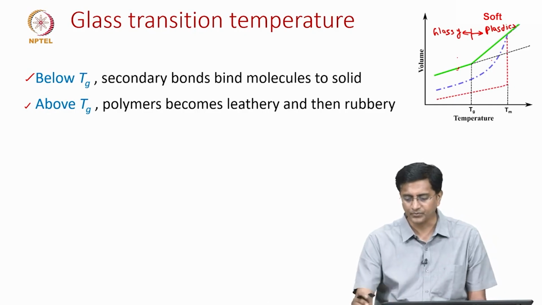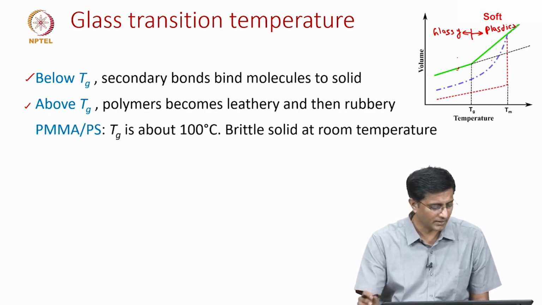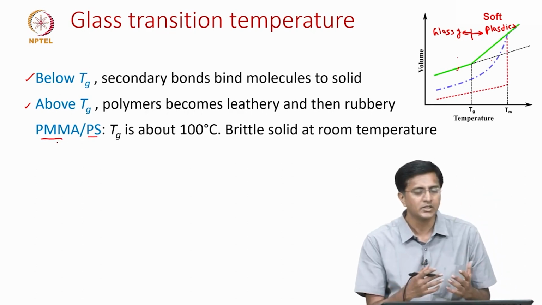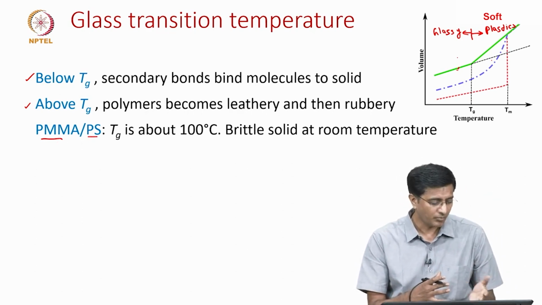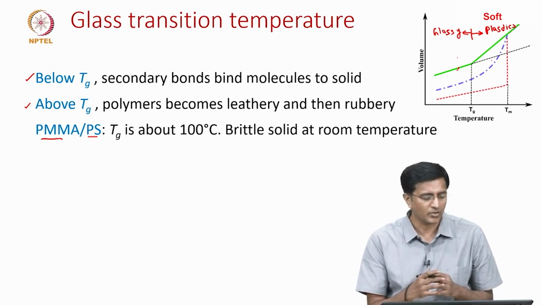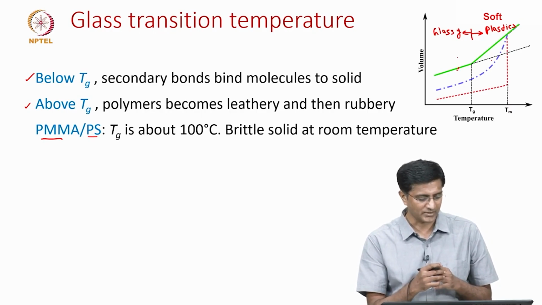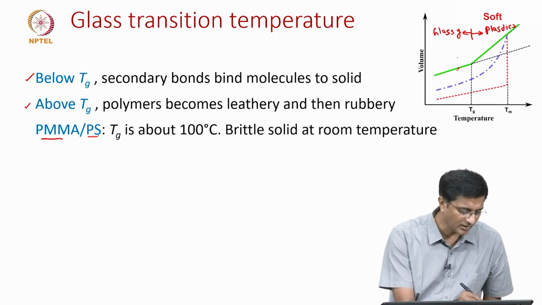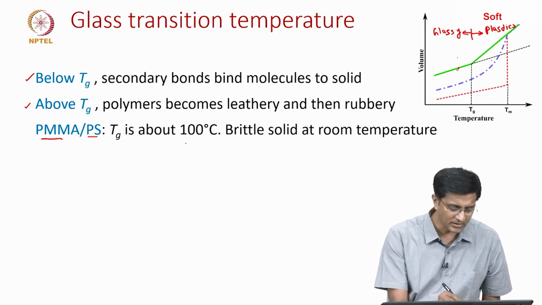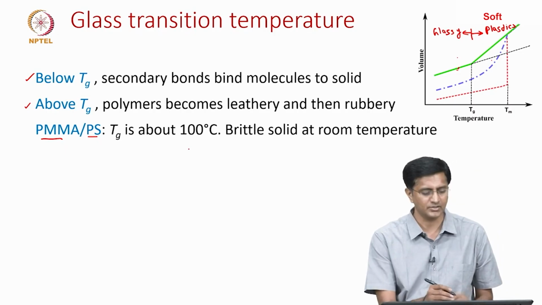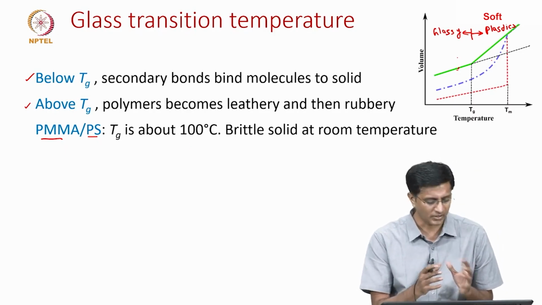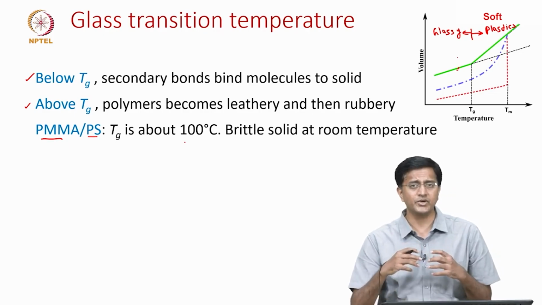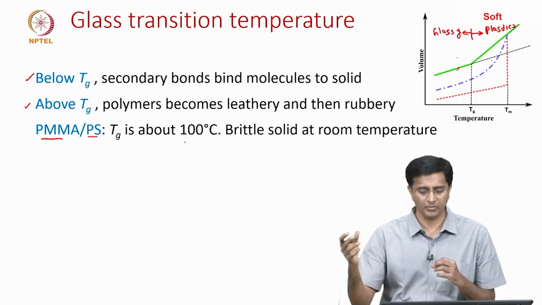Now let us look at an example of PMMA or polystyrene. PMMA is plexiglass and polystyrene's commercial name is thermocol, which we use for packing. The glass transition temperature for PMMA and polystyrene is about 100 degrees centigrade, so in the order of 110, 120 and 100. What it means is the glass transition temperature is much above room temperature.